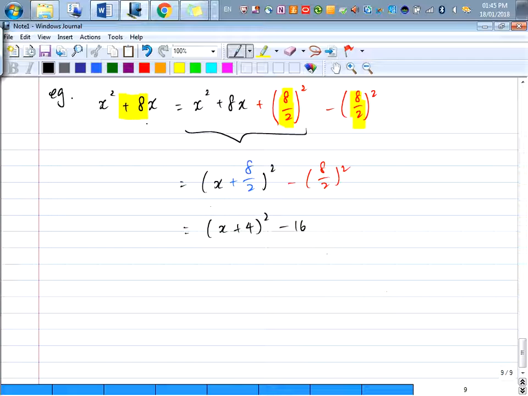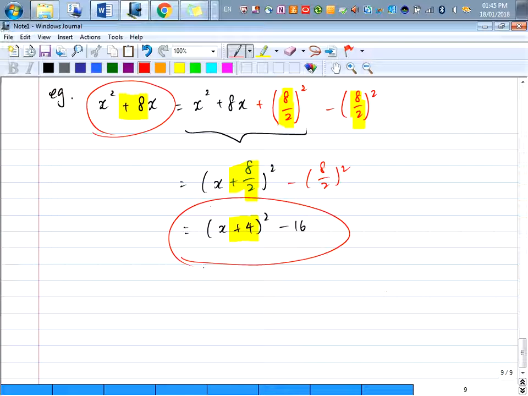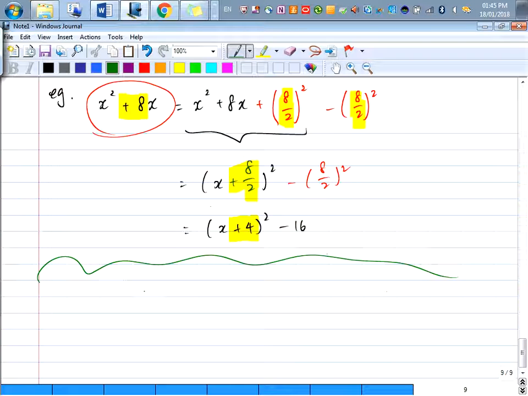Shall we check our answers? Do you really think that x squared plus 8x is really equal to this? Do you really believe it? How do we check? Just expand this. Okay? Side working. My side working. x plus 4 squared minus 16.